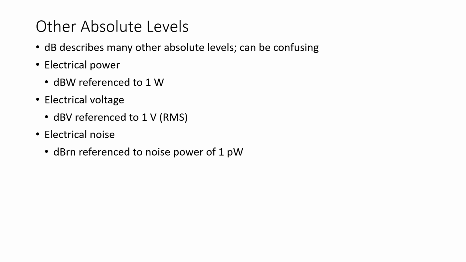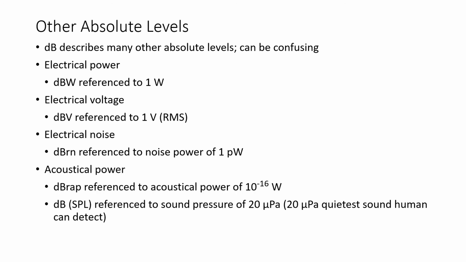Now, the dB is also used to express levels of noise power. The dBrn is an electrical noise level that's referenced to 1 picowatt of power. And again, in the world of recording or acoustical engineering, you may see the dB rap, which is a power level referenced to 10 to the negative 16th watts.